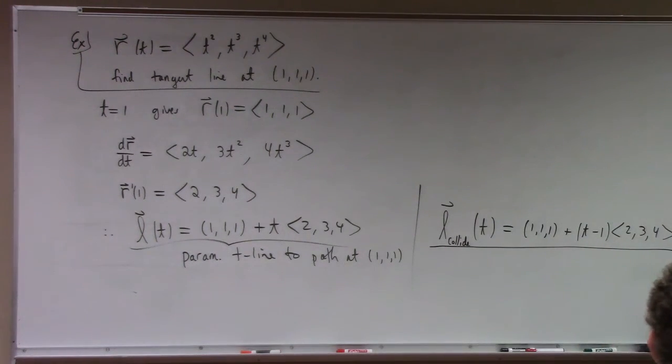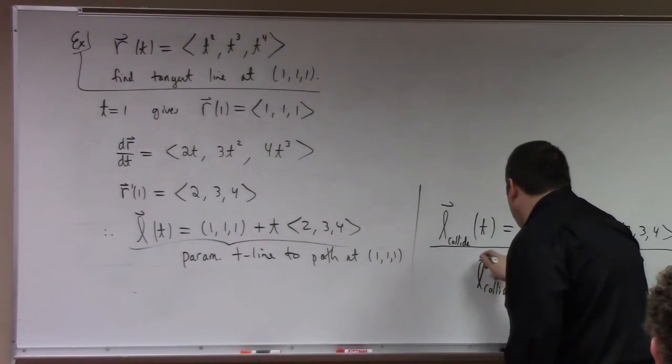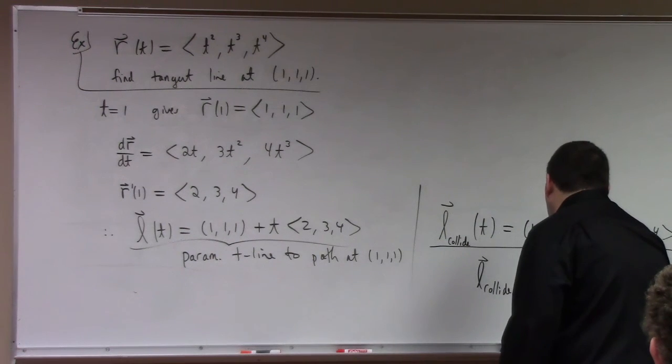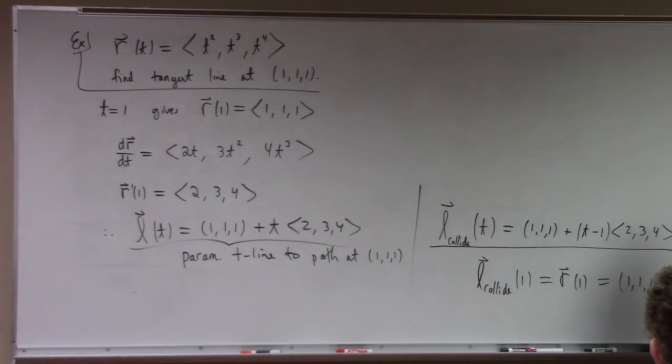We've just shifted the parameter so that it matches up. At time 1, you can easily see that the colliding one is equal to the given one, and they're both at the point 1, 1, 1.